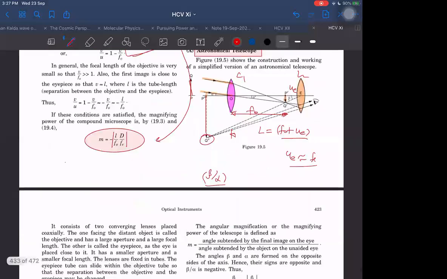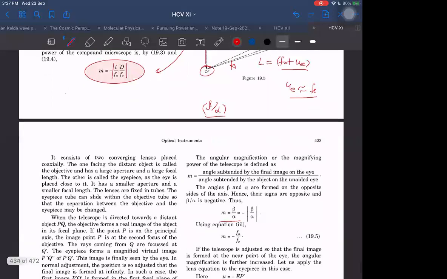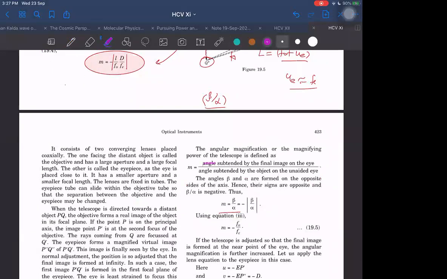So please don't carry the definition of the compound microscope to the telescope. The definition is: angle subtended by the final image on the eye, divided by angle subtended by the object on the unaided eye. In the case of the compound microscope the numerator was the same, but the denominator was different.